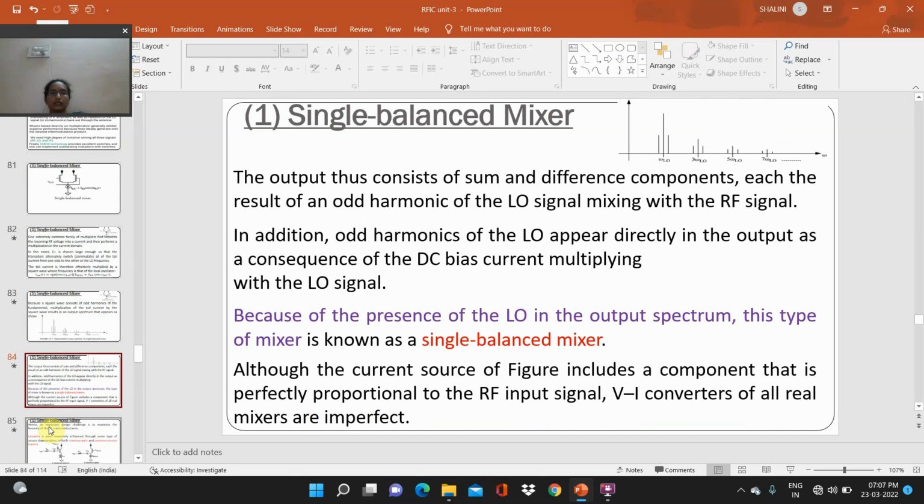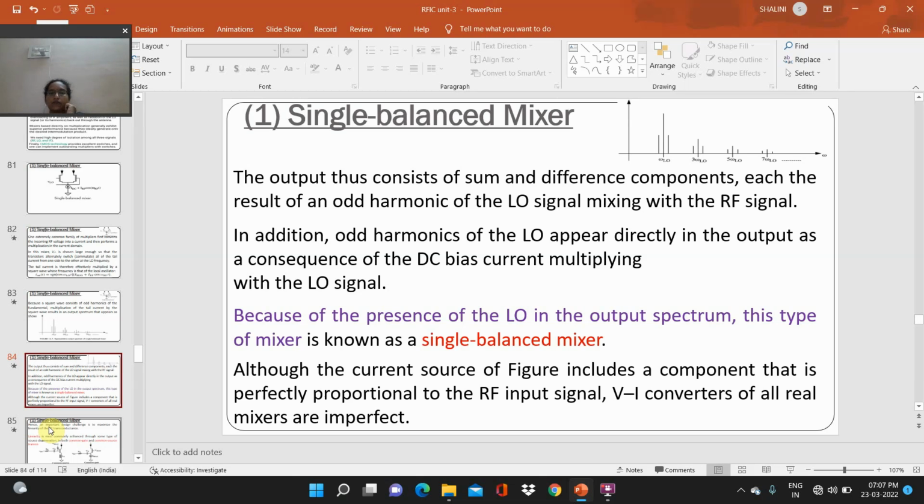The output thus consists of sum and difference components, each the result of an odd harmonic of the local oscillator signal mixing with the RF signal. In addition, odd harmonics of the local oscillator appear directly in the output as a consequence of the DC bias current multiplying with the local oscillator signal.